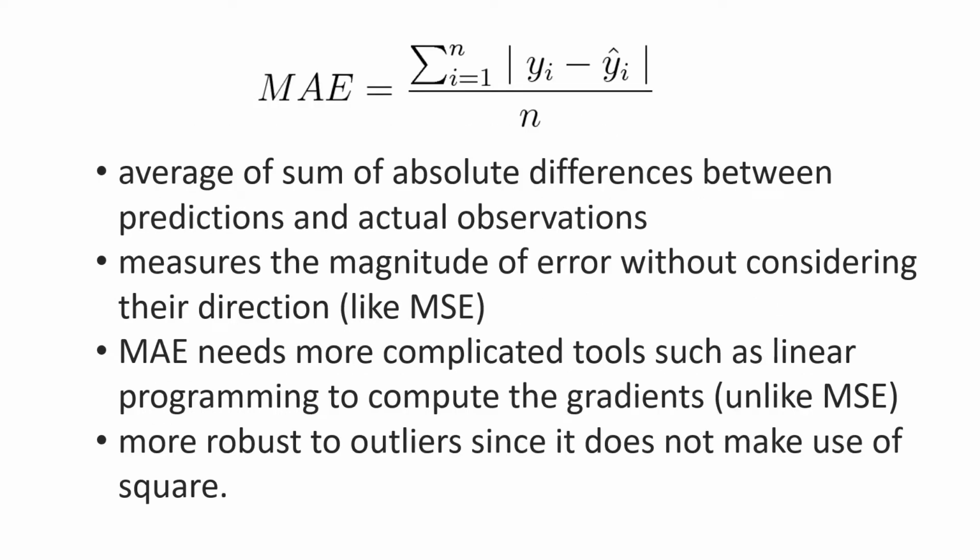So what is this mean absolute error? How do we calculate that? We have this formula that would tell you how to do the calculation. Very simple. We just take the average of the absolute differences between the prediction and the actual observation.